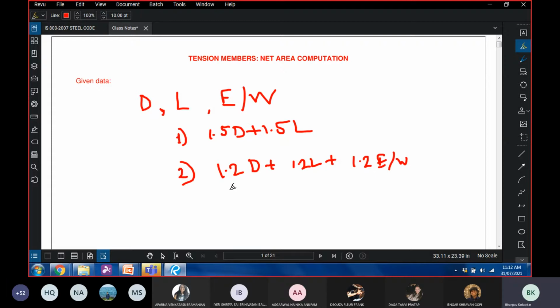Now the question is, why has the factor reduced from 1.5 to 1.2? Would someone want to take a quick guess? The reason is that the possibility of an extreme dead load, an extreme live load, and an earthquake occurring at the same time is very less.